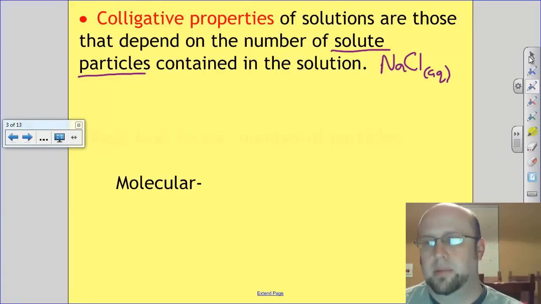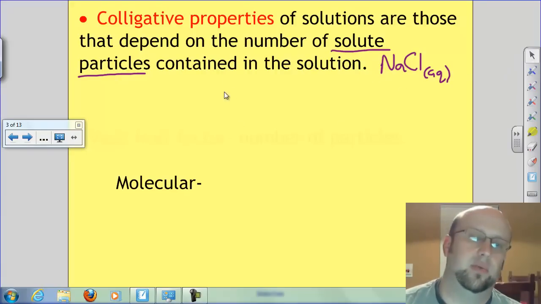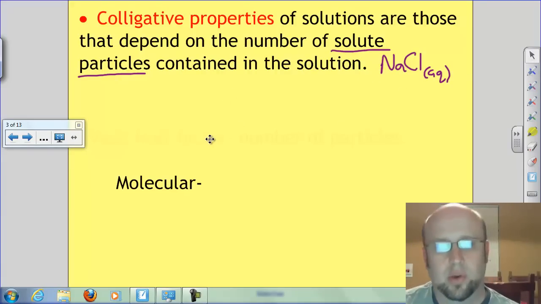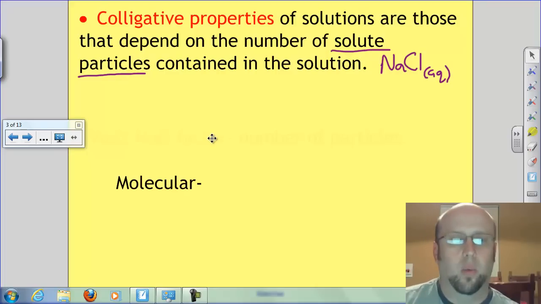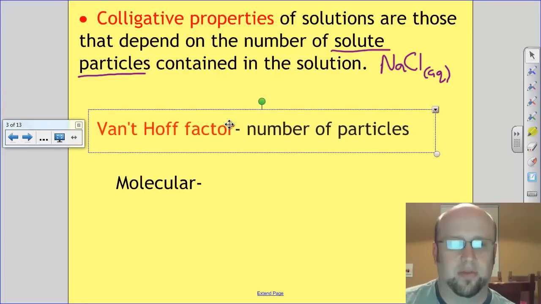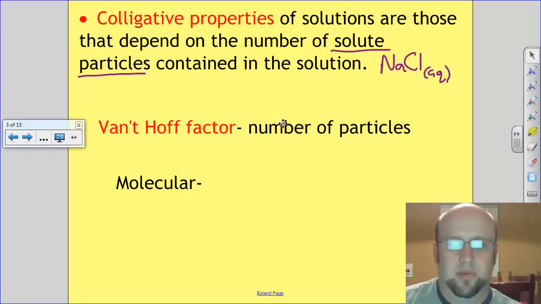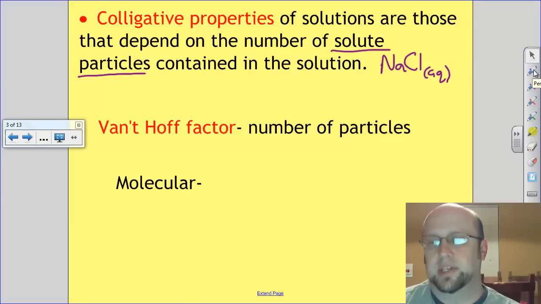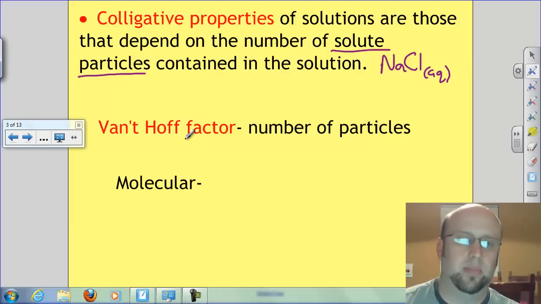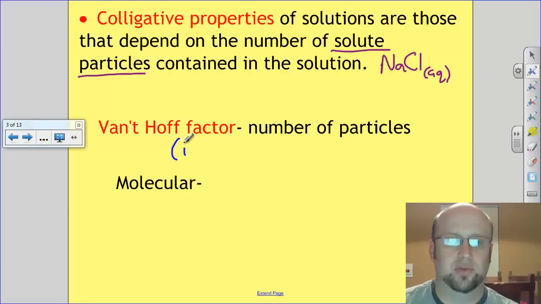To be able to do these calculations, and really even more than that, to be able to know what's going on in colligative properties, we have to know about something called the Van't Hoff factor. The Van't Hoff factor is the number of particles that any compound forms when it's in solution. It's usually labeled as a lowercase i.